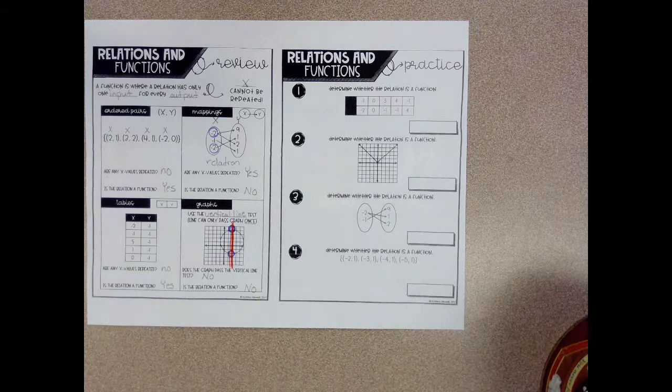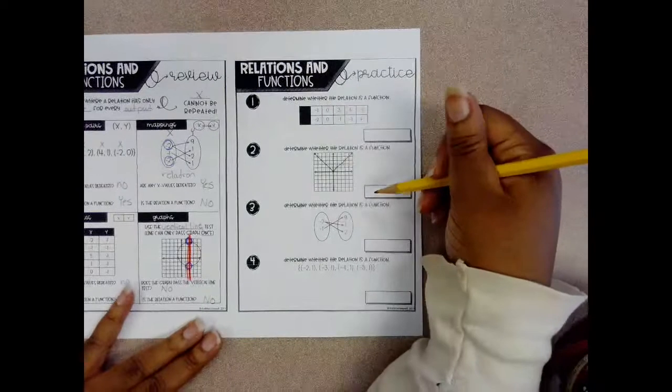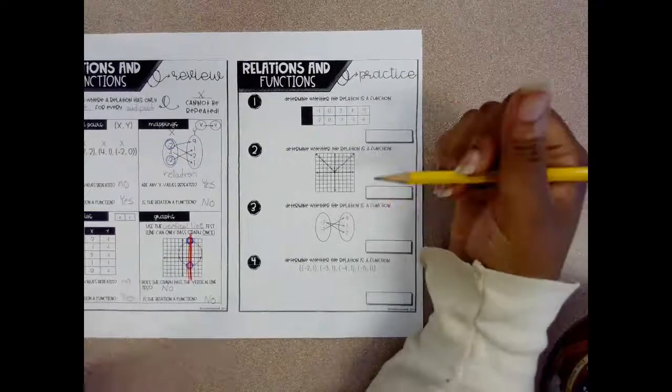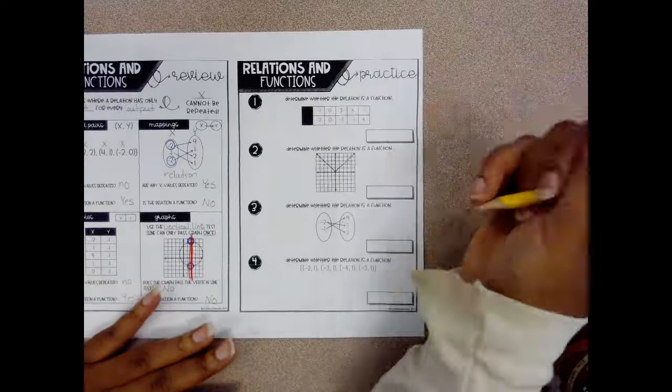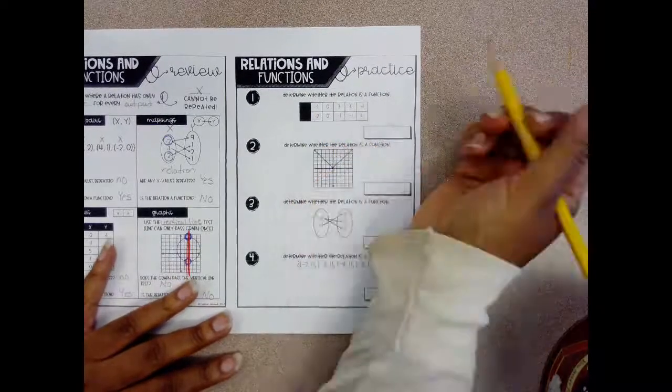All right, and for our practice, we're going to quickly look at these four different ways of representing relations, and we're going to determine which ones are relations and which ones are functions. Okay? So here is my table.